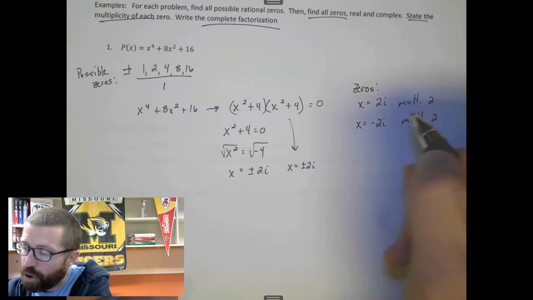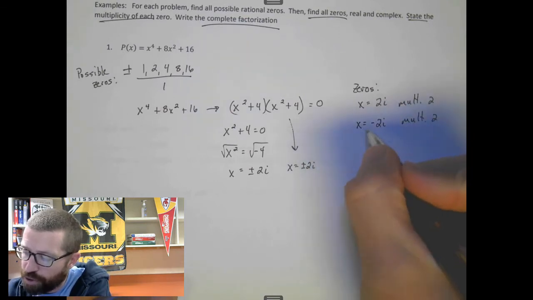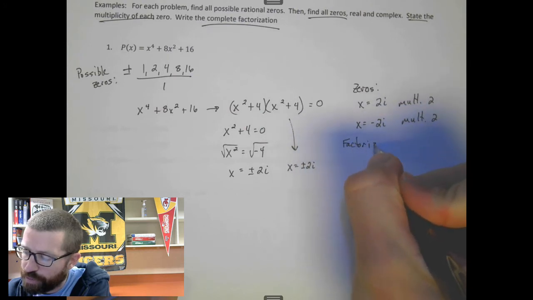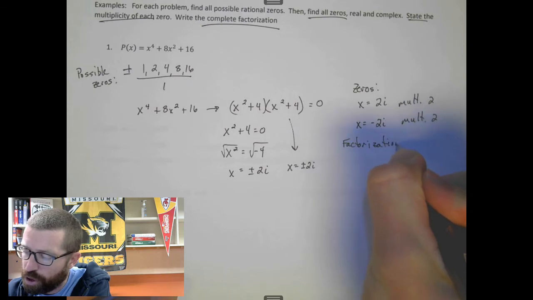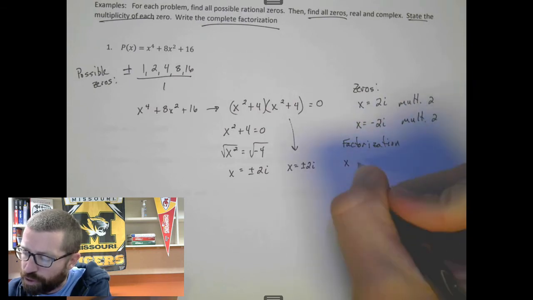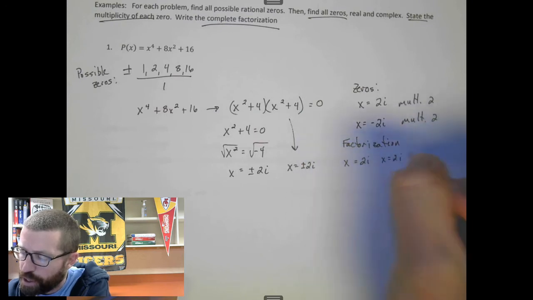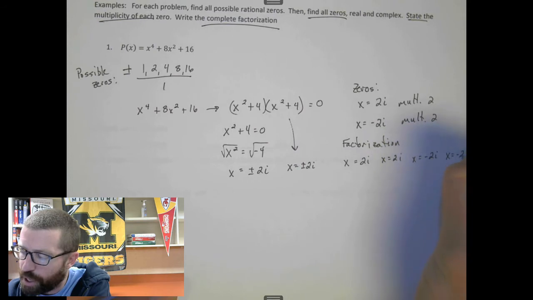Okay, so if I wanted to list out all the zeros and do the factorization, I would do this. So the factorization, let's list them all out. X is equal to 2i, x is equal to 2i, x is equal to -2i, x is equal to -2i.